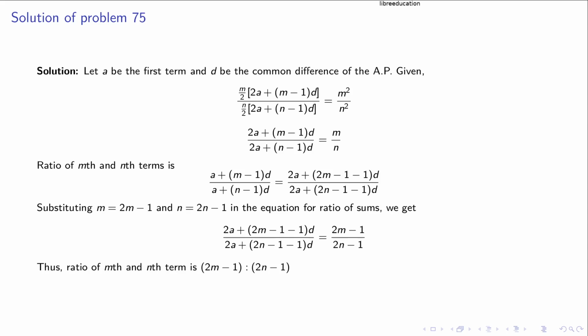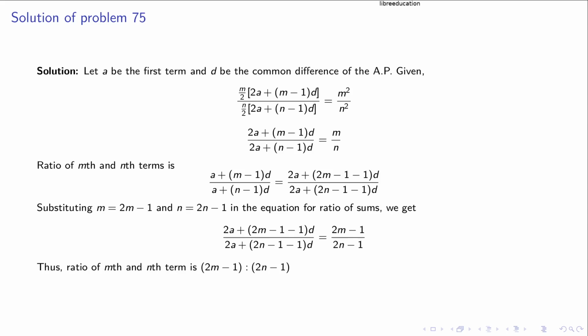Now, we calculate the ratio of the mth and nth term as a plus m minus 1 into d by a plus n minus 1 into d. And then we multiply both numerator and denominator with 2. So we will have 2a plus 2m minus 2 into d, 2a plus 2n minus 2 into d. We write 2m minus 2 and 2n minus 2 as 2m minus 1 into d and 2n minus 1 into d.